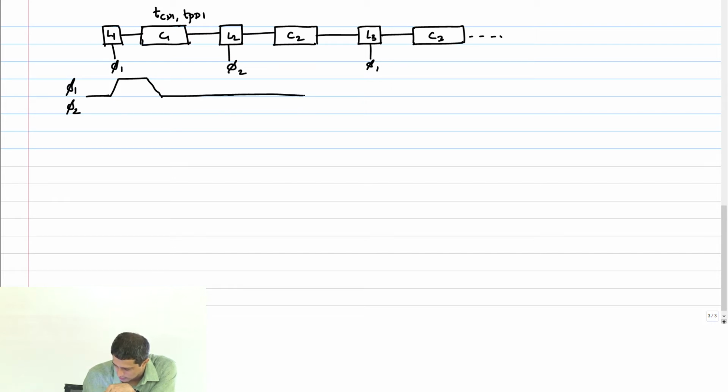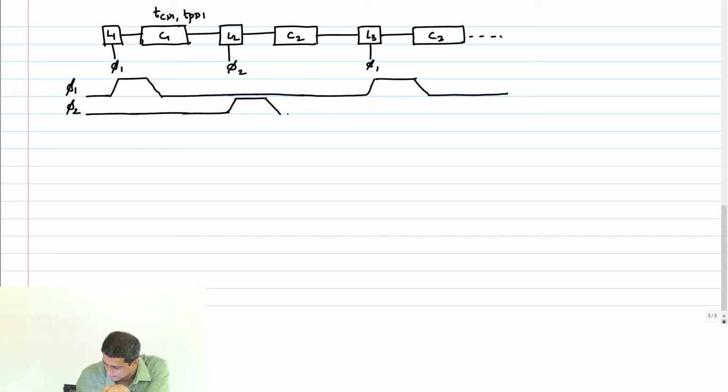Right, this is going to be 0 all the way until next phi 1. Similarly, phi 2 will go high here. This is L1, L2, yeah. And somewhere here you will have the next L4 controlled by phi 2 again.